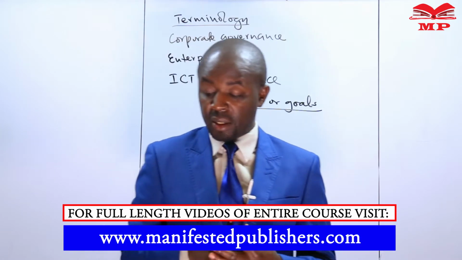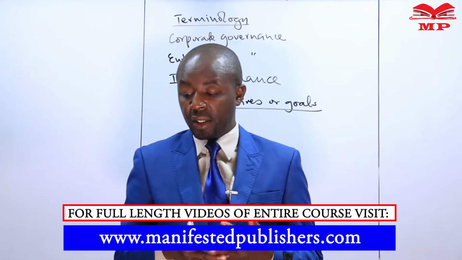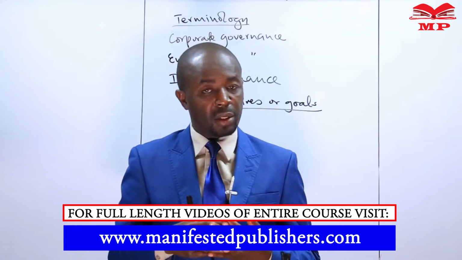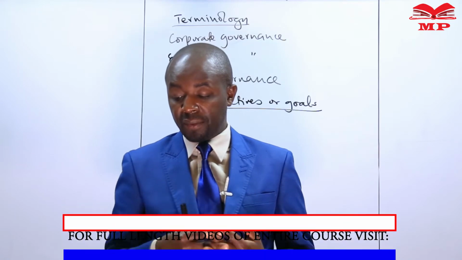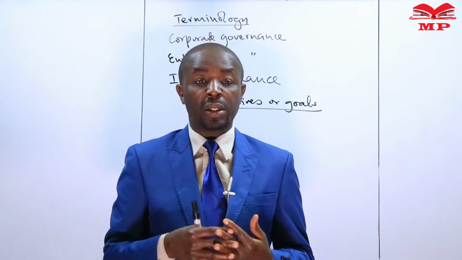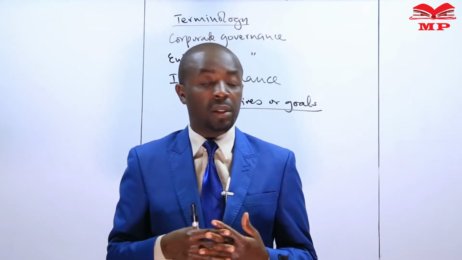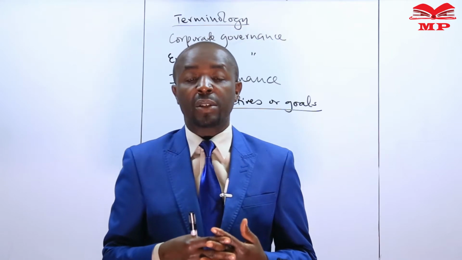So let's look at the first area, that is alignment of IT strategy and business strategy, as the first focus area of IT or ICT governance. Now, it's very important for us to align the IT and the business strategy in the organization.